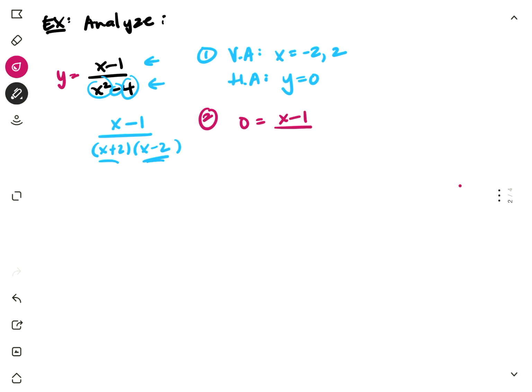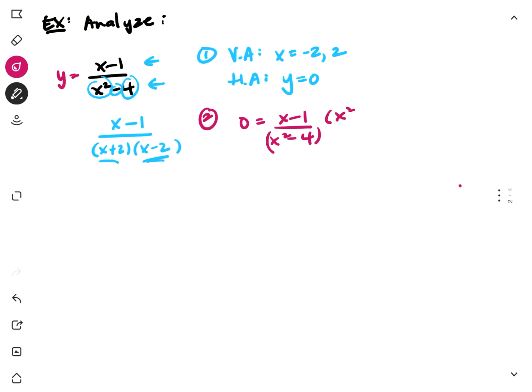That will tell us our x-intercepts. The easier way to do this is, if you think about it, when we're finding a zero, if our whole function is equal to 0, then the numerator is equal to 0. It doesn't matter what the bottom is, but you'll see algebraically as well what happens here.